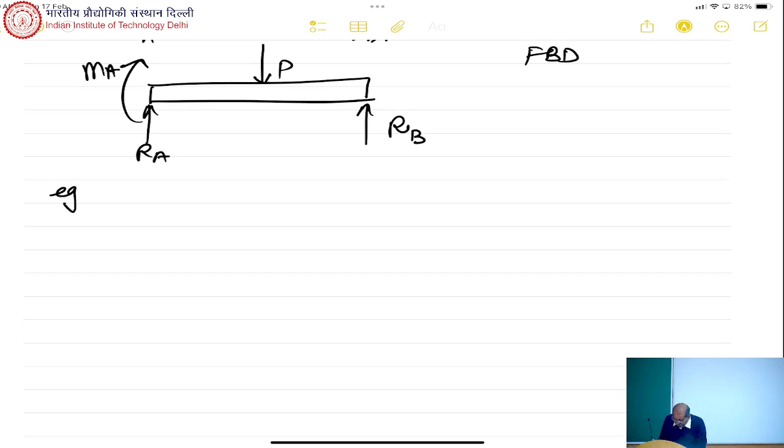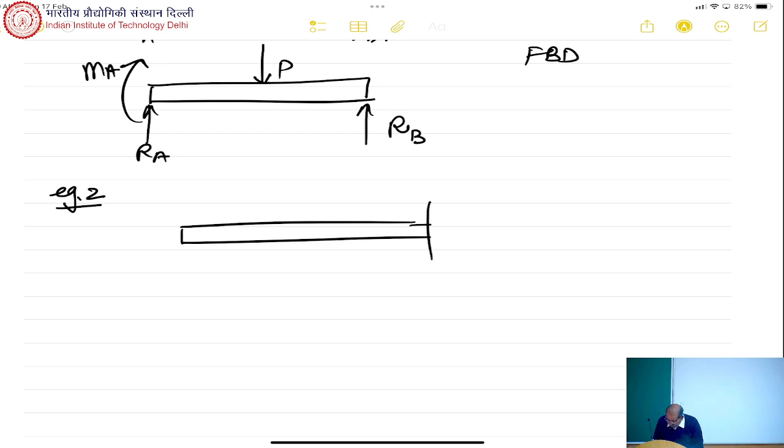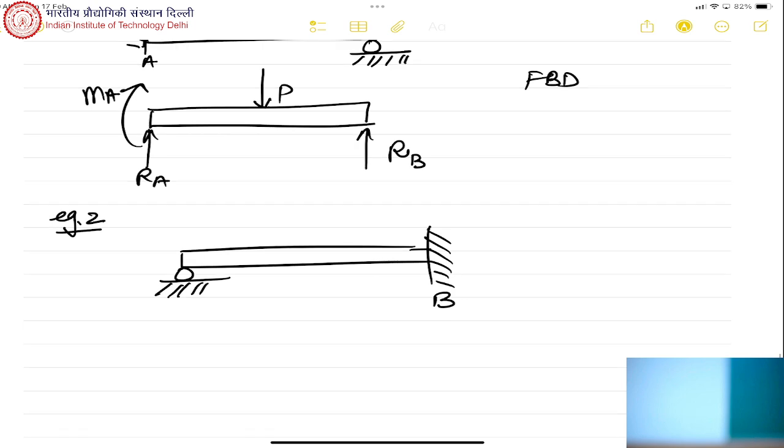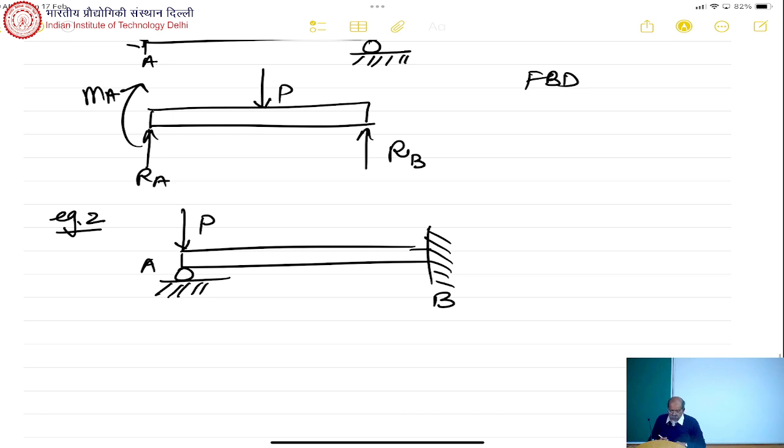So as an example 2, and for ease of solution, I'll invert the problem. Let this be the end B. And I'm considering this problem.